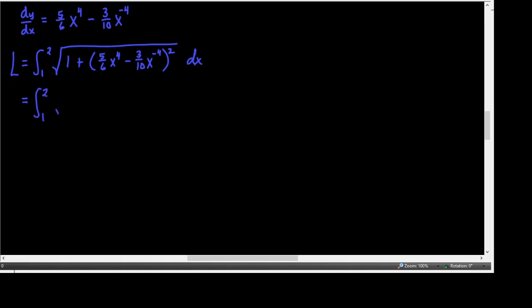Okay, so my first inclination is to see if simplifying that squaring first actually helps me in any way.